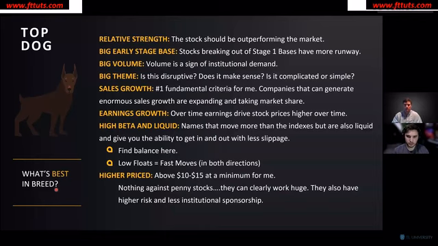I mean, they clearly work huge. I see people who are up 10,000% on a year trading penny stocks and stuff. So there's a bunch of ways to skin the cat. Just for me, I find that they can be higher risk and they have less institutional sponsorship.